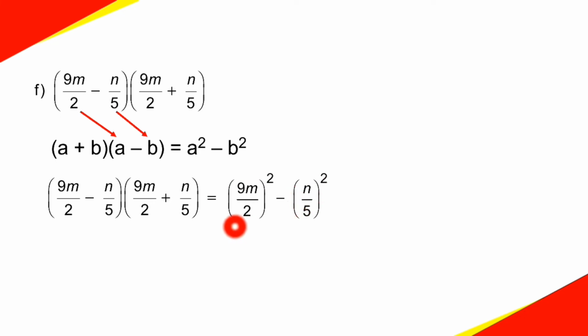Right, now (9m) whole square, in the sense 9 9s are 81, m square by 4, minus (n/5) whole square, in the sense n square by 5 square, in the sense 5 5s are 25.